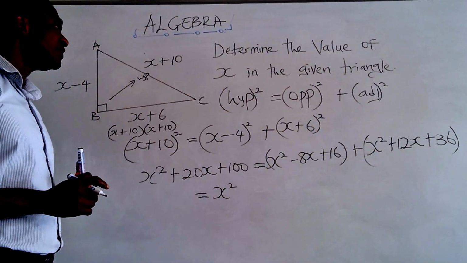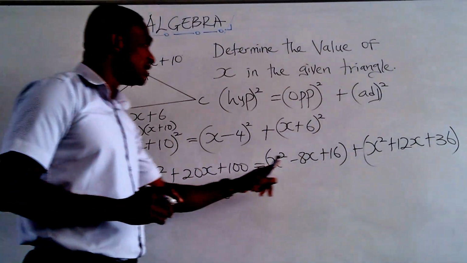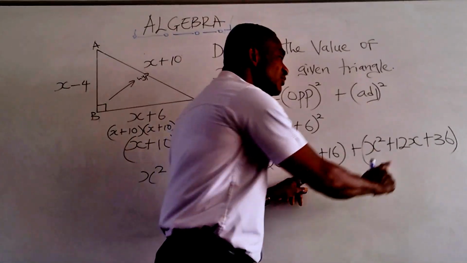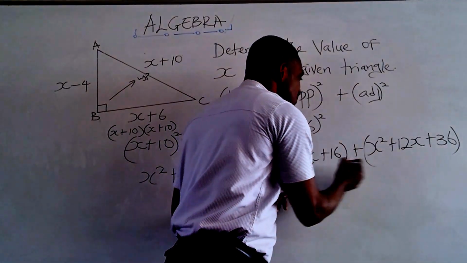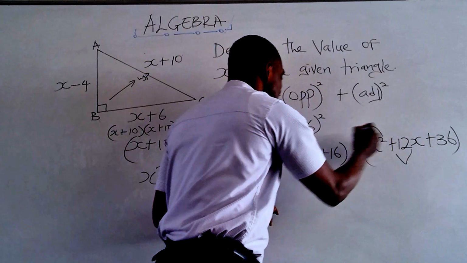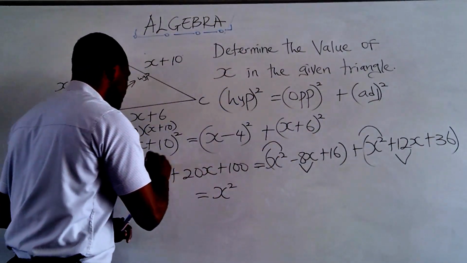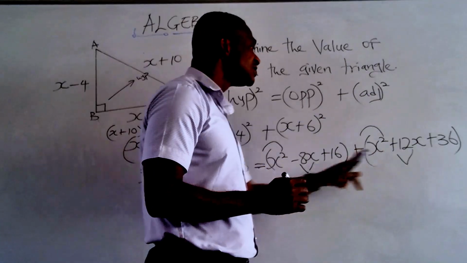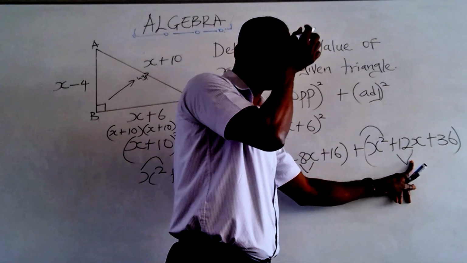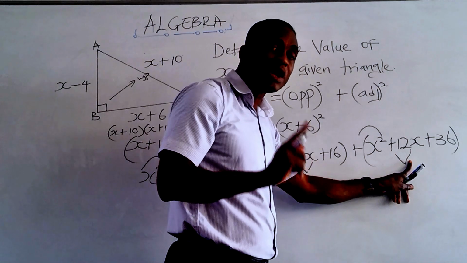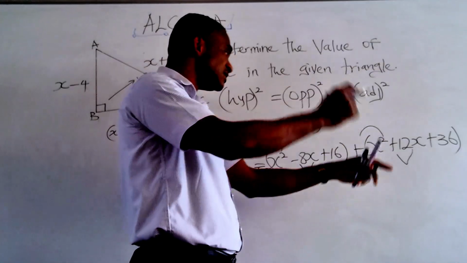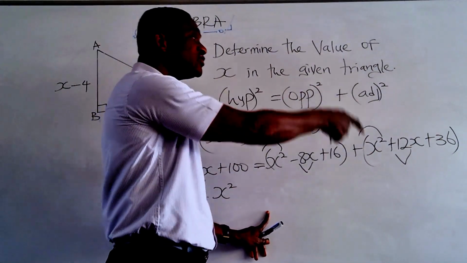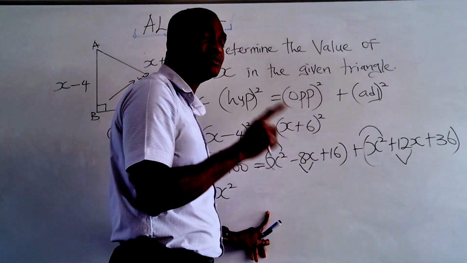Let's look at the ones with the variable x. Negative 8x plus 12x. They are like terms. Negative 8 plus 12 is positive 4x on the right side. If we are bringing 20x to come over, it becomes minus 20x.